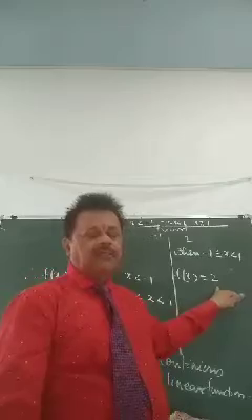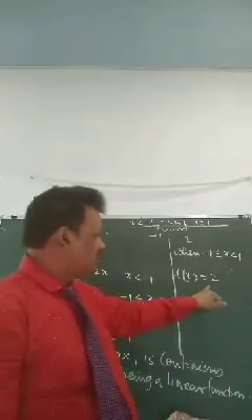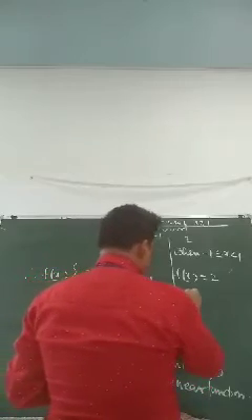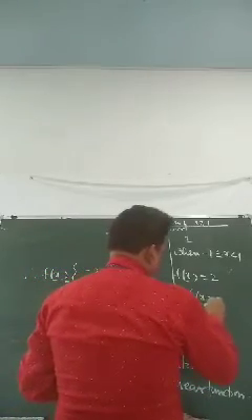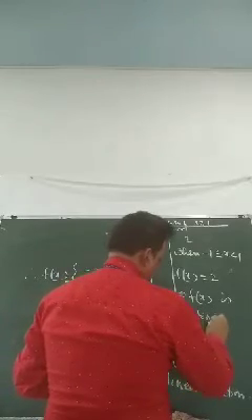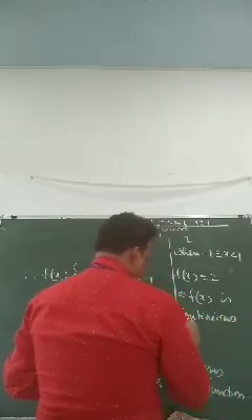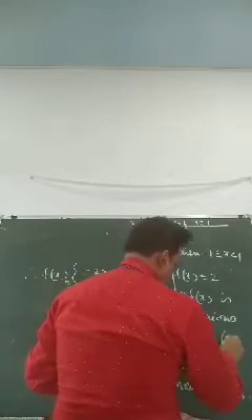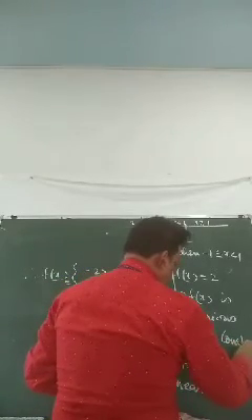This is also continuous. Why is this a continuous function? Because this is a constant function. So it implies f(x) is continuous, being a constant function.